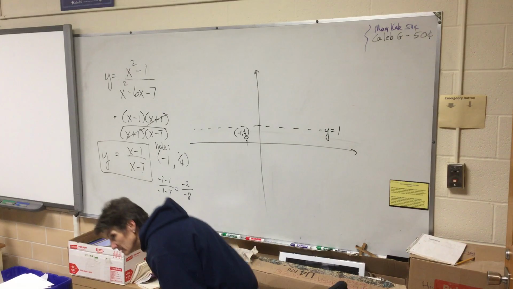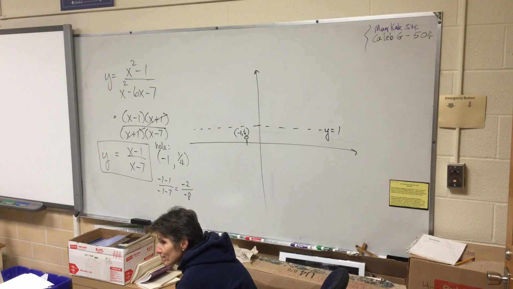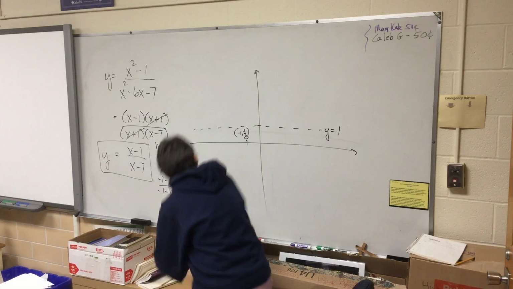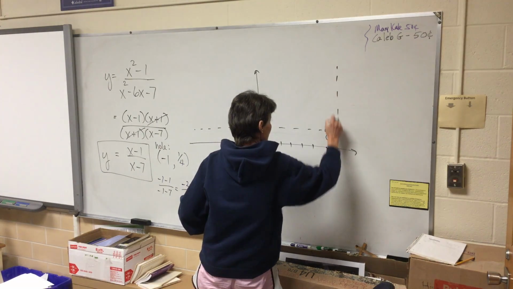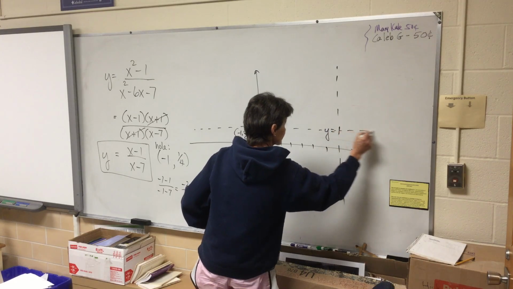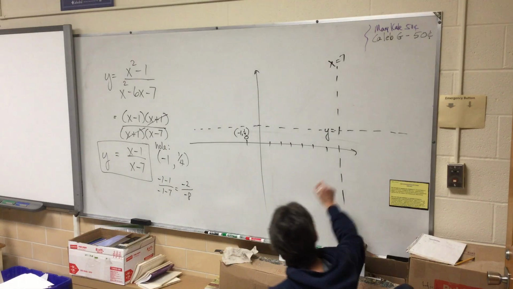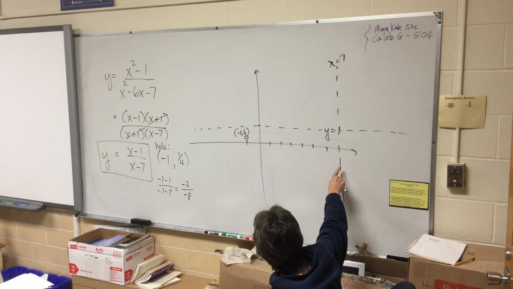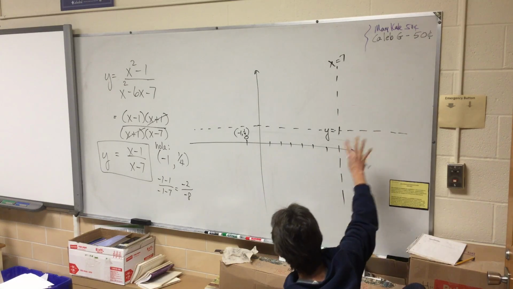That's 1. All right, what about a vertical asymptote? Anybody get one of those? It is 7, x equals 7. So I gotta count clear out here: 1, 2, 3, 4, 5, 6. Here's x equals 7. Now your asymptote's way out here, so you got something here and something over here.